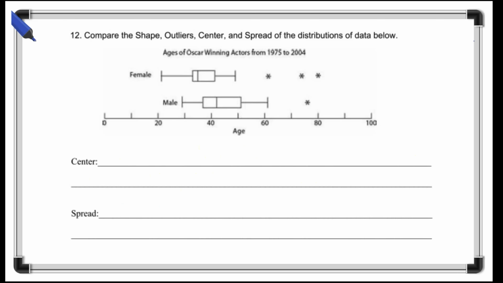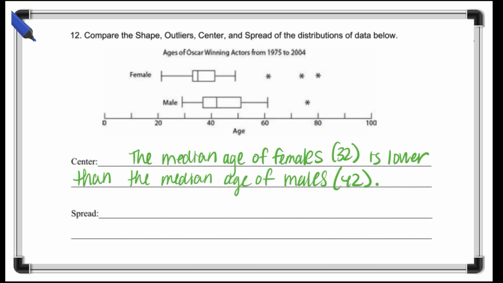Okay, so for center, if your data was symmetric, you're going to talk about the mean. If your data was skewed, you're going to talk about the median. And we're going to use comparative words here. So the median age for females, 32, is lower than the median age of males, which is 42.